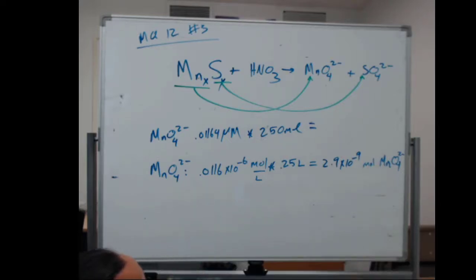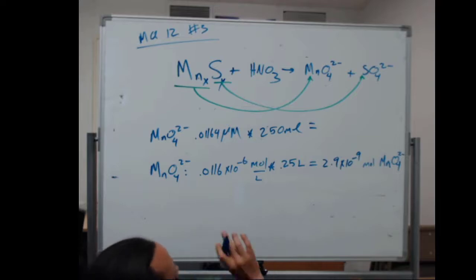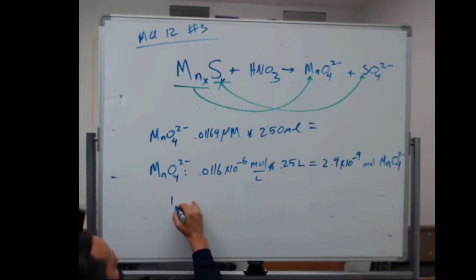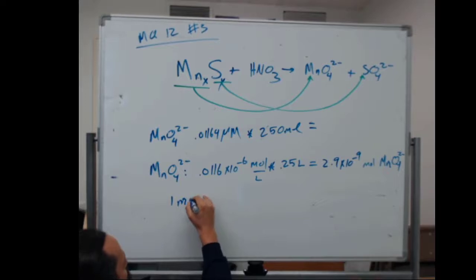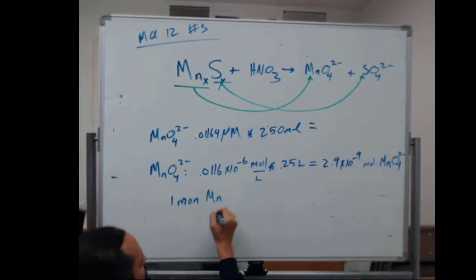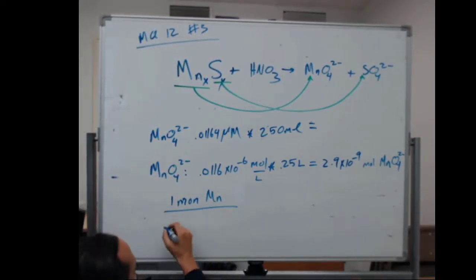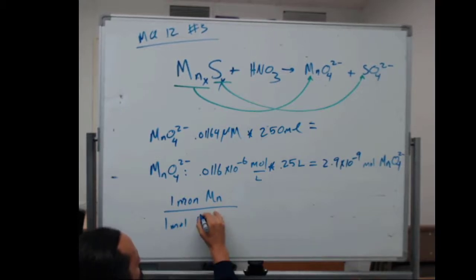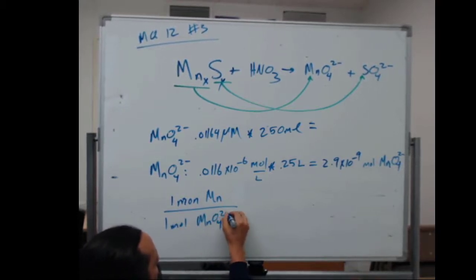To get from just permanganate to just the manganese, I'm going to go 1 mole of manganese for every 1 mole of MnO4 2 minus.